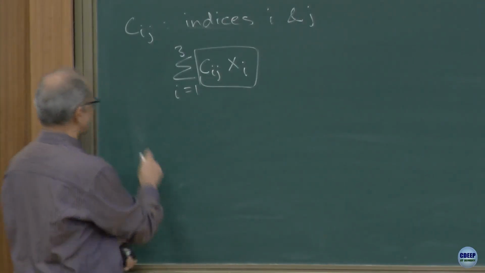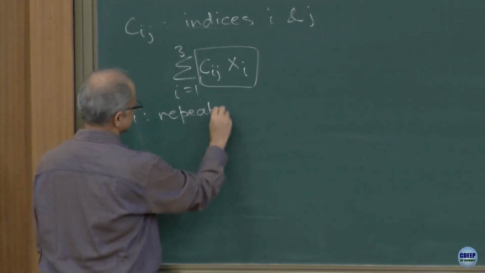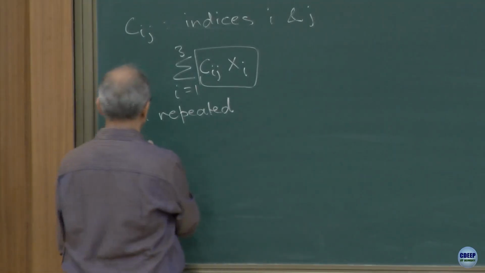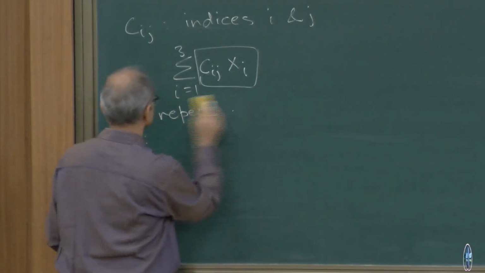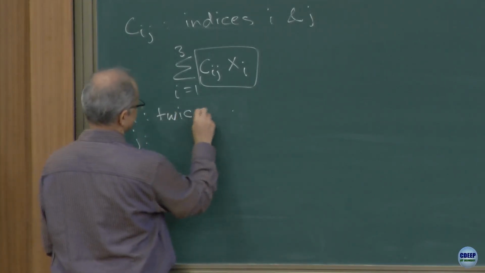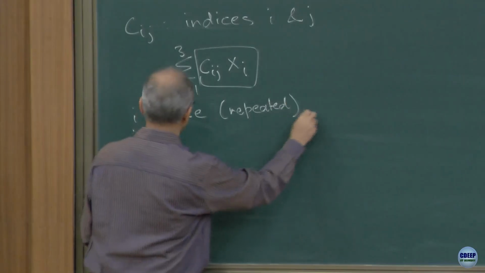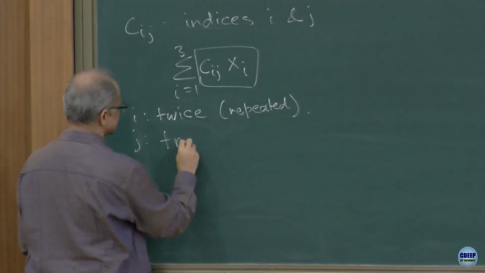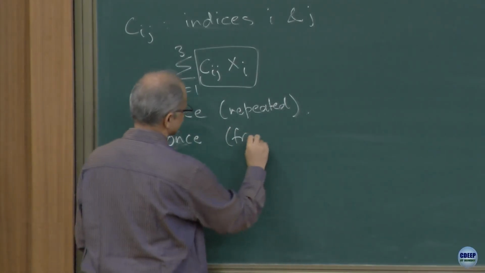So i is a repeated index because it is appearing twice, and j is appearing only once, and I will call this a free index.